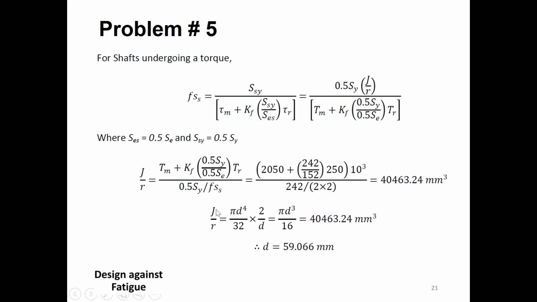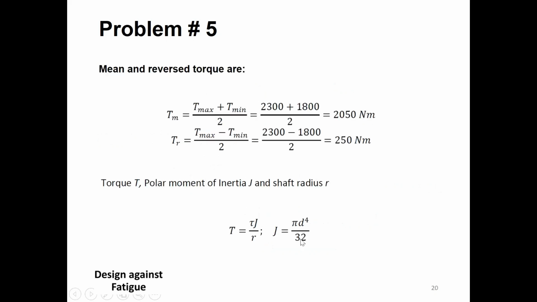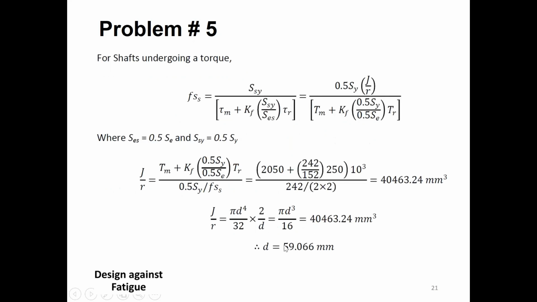Going back to this equation, this is J. If you divide the left and right hand sides by D over 2, which is the radius, it is J over D over 2, or multiplied by 2 over D. Eventually this gives you pi multiplied by the diameter of the shaft cubed over 16.